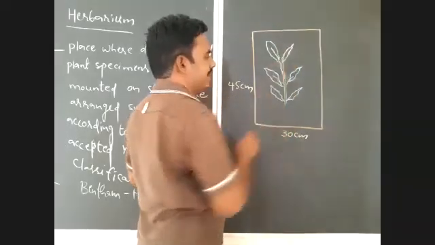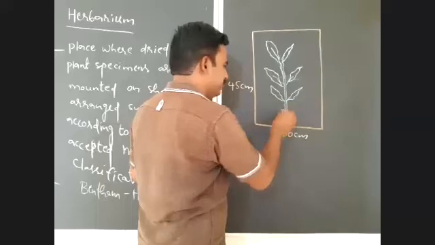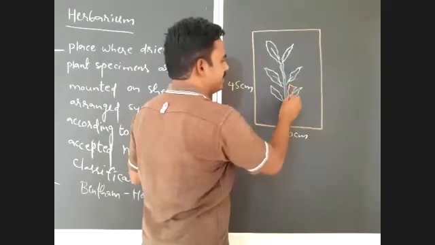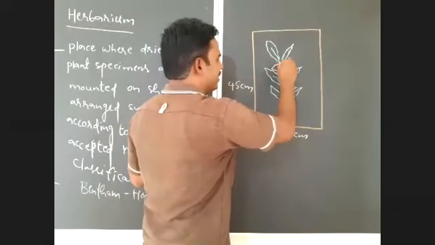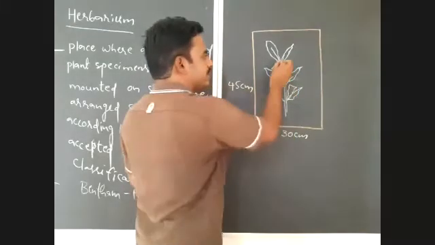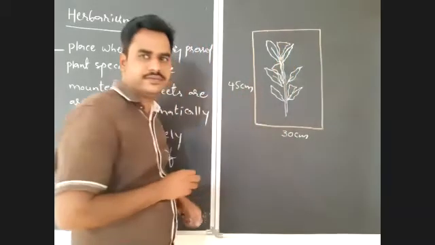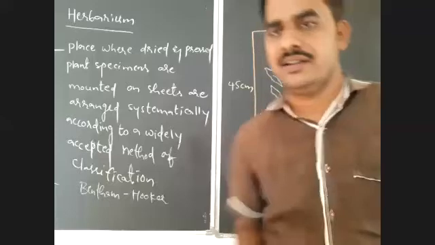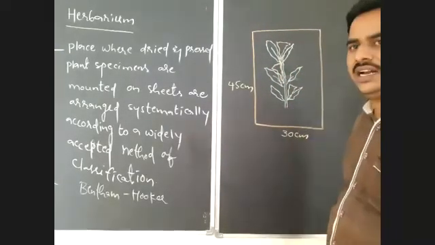But one rule I gave you here, what is that? It must possess a flower. For example, here it is a flower, and here also it is a flower. So a flower is required here also. There are flowers. A plant material with the flower should be collected, and that will be pressed and dried.